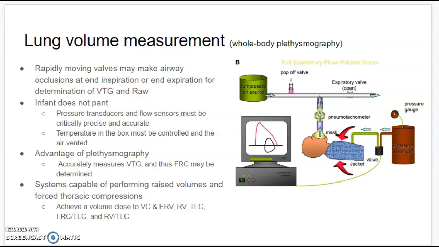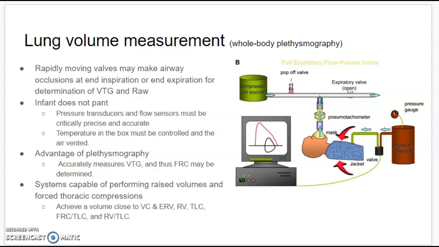And then the machine will be able to determine the VTG and airway resistance. Obviously, we can't instruct the infant to pant, so what happens is we have to have very precise and accurate pressure transducers and flow sensors that are going to capture this information as those valves open and close. Along with this, we have to maintain the temperature in the box and make sure it's air vented.